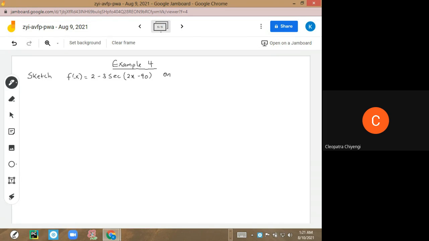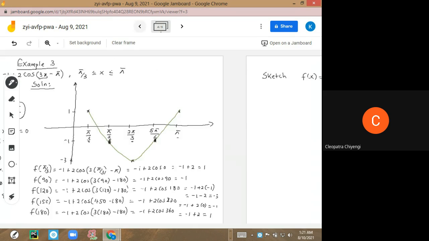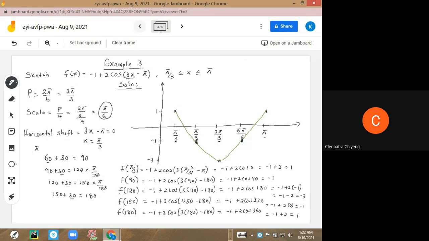Sir, I have a question on the same vertical shift. The vertical shift is -1, so why is it on the positive side? Why didn't it go on the negative side? The shift is like, if there was no vertical shift, this graph would have stayed on 0.